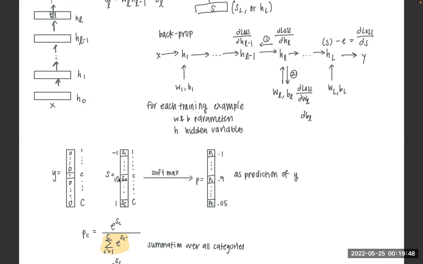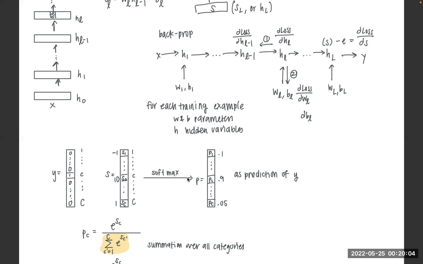But for a probabilistic treatment, we rather want to first use this S to compute a probability. So this is not just taking the argmax. We do a softmax.